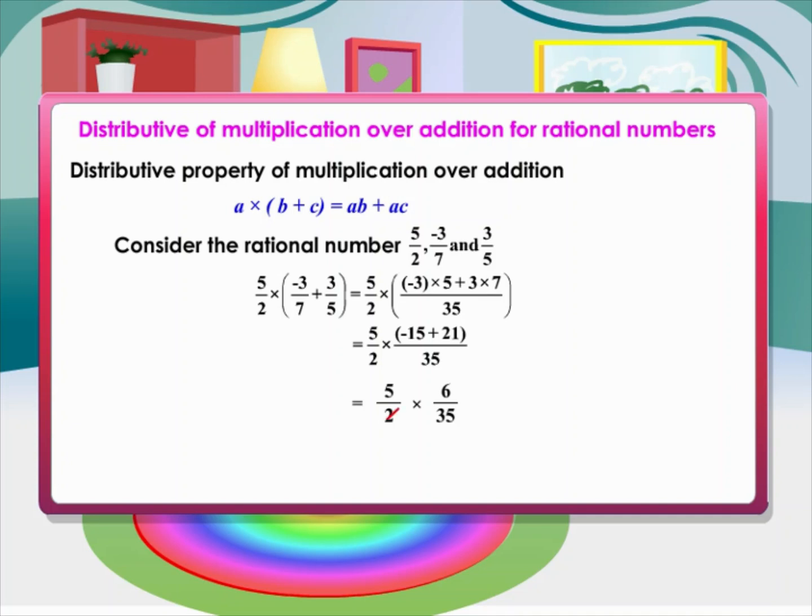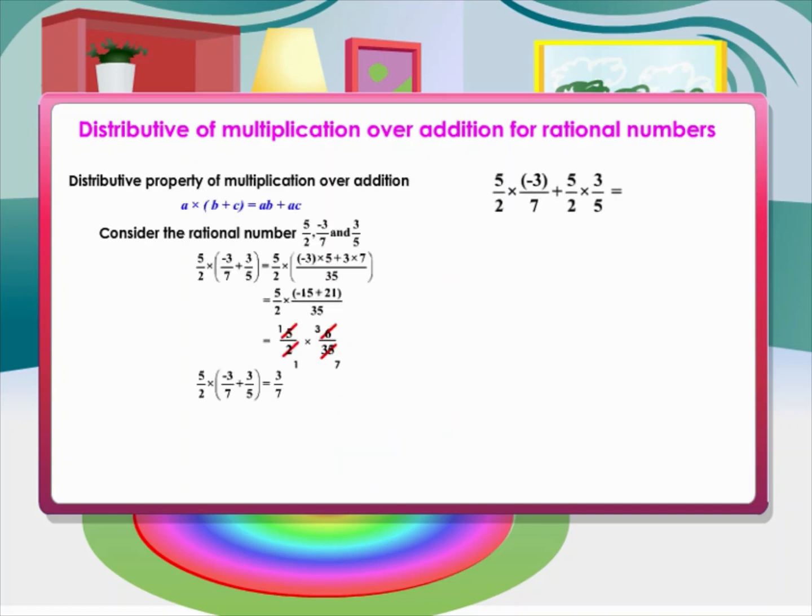We get 5 by 2 multiplied by 6 by 35. 2 times 3 is 6 and 5 times 7 is 35. So we get 3 by 7. Hence, 5 by 2 multiplied by minus 3 by 7 plus 3 by 5 is equal to 3 by 7.